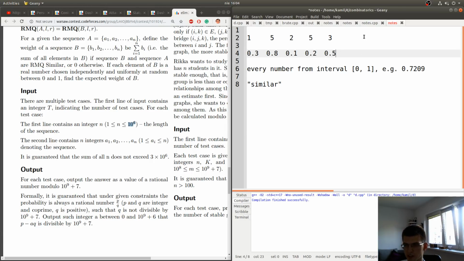But if I swap these two values, now it is in fact similar. Because we can check all the intervals. For example, this interval here, both here and in the next sequence, here is the biggest value.